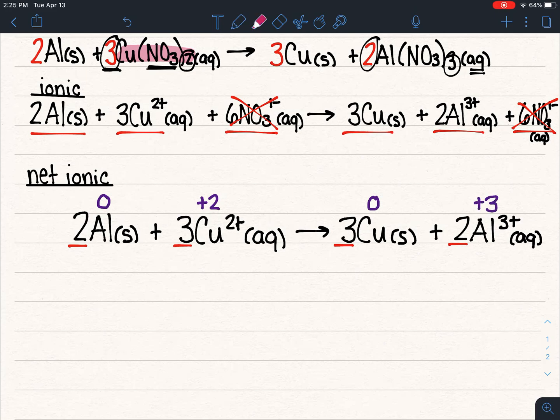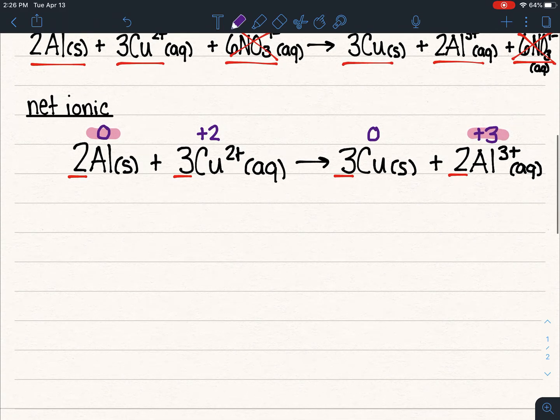Oxidation states are something we've done before, and identifying what is reduced and what is oxidized is something we've done. Aluminum is going from a 0 to a +3, and it very clearly has lost electrons. So aluminum would be our lose-electrons, oxidized.